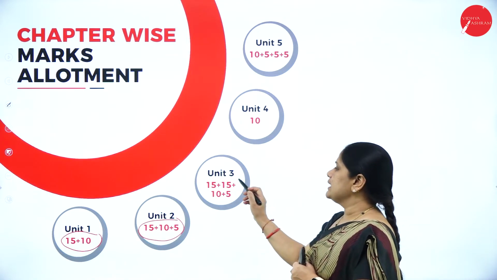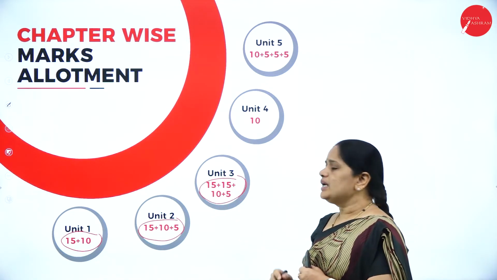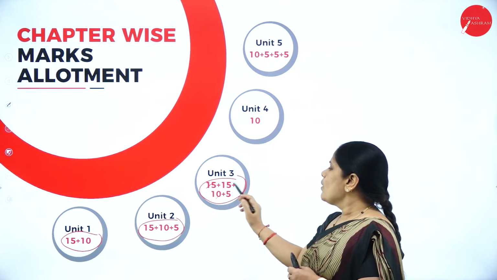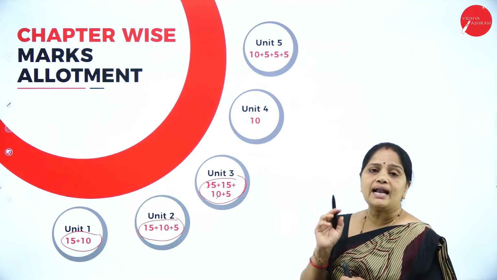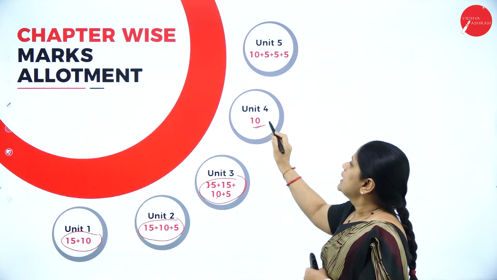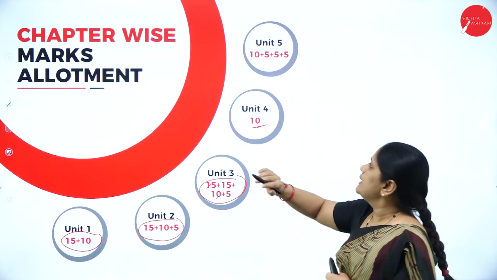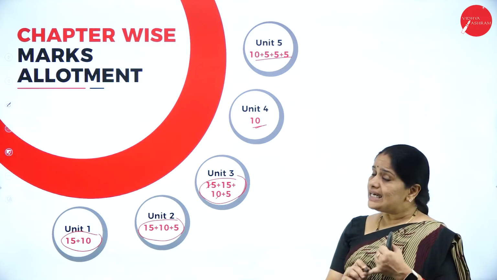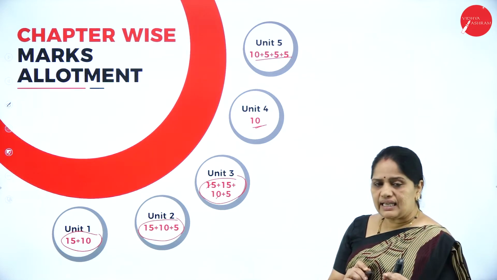In unit 3, a very important chapter, you will be getting two 15-mark questions, one 10-mark question and one 5-mark question. Unit 4 carries 10 marks only, and in unit 5, you can expect one 10-mark question and three 5-mark questions.